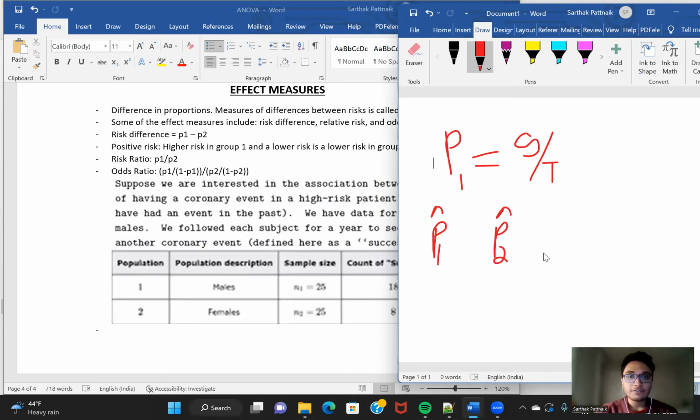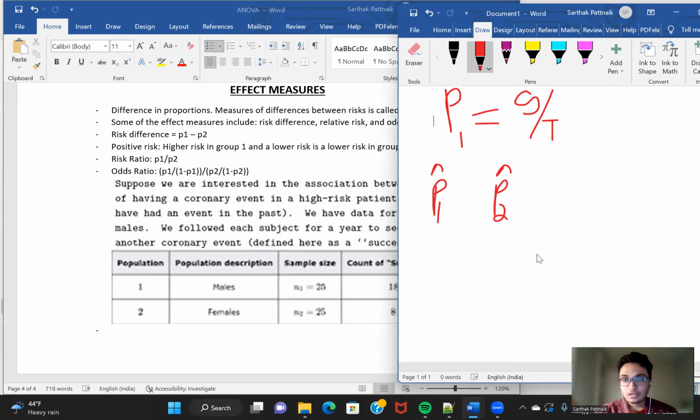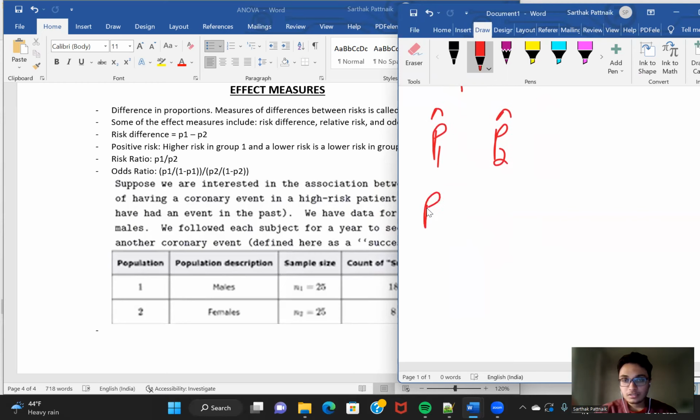There are three different mathematical terms which we can use for effect measures. The first one being risk difference. Risk difference is represented by RD, and it is just equal to the difference between the two proportions.